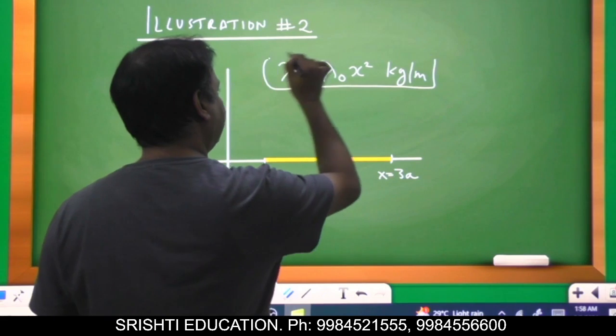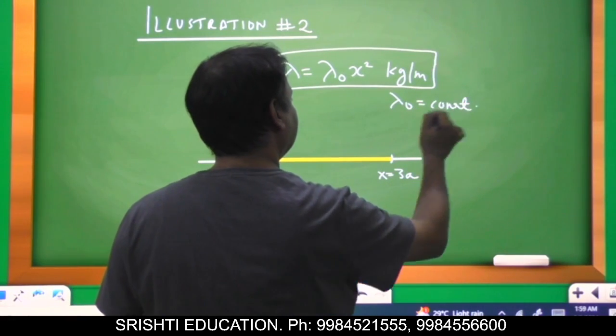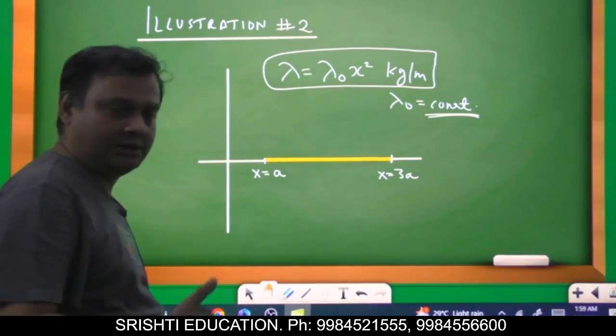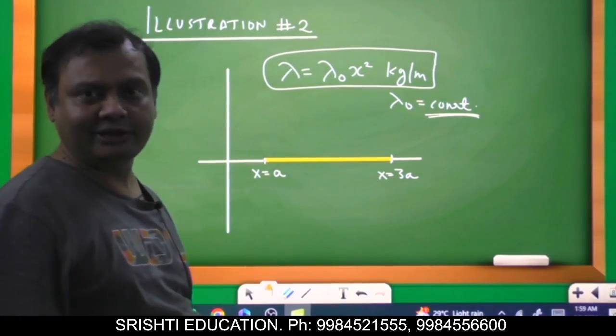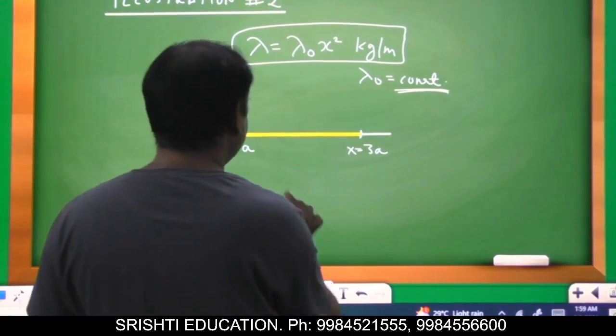This is the value of lambda. Lambda naught is some constant, and we have to find the total mass of the rod.